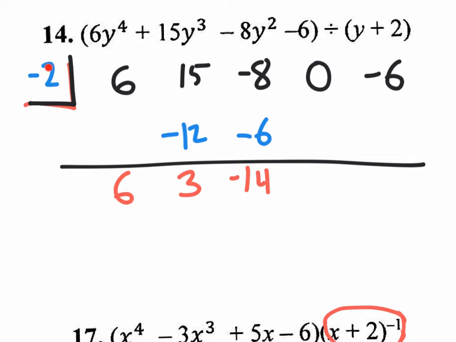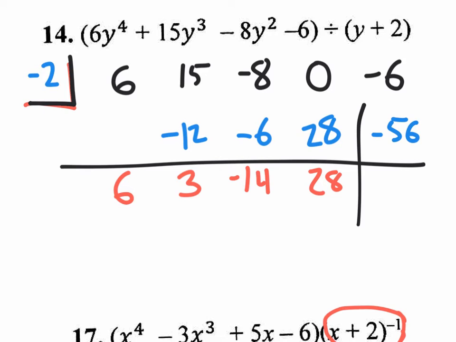And if I multiply negative 2 times negative 14, positive 28, thank you. And if I combine 0 and 28, 28. And last but not least, if I multiply negative 2 times 28, negative 56. And finally, put the line right here, don't forget about the line.